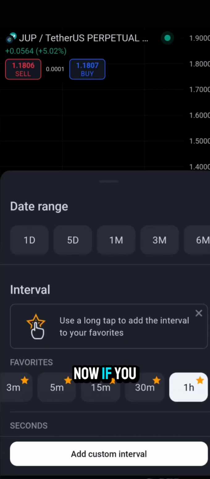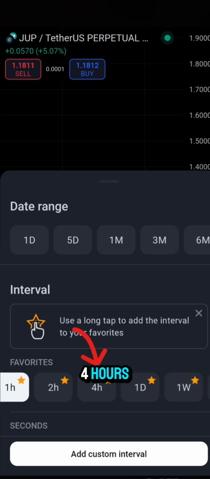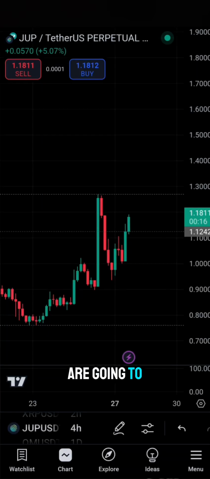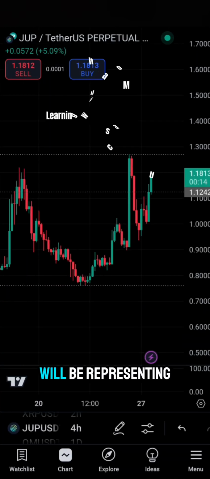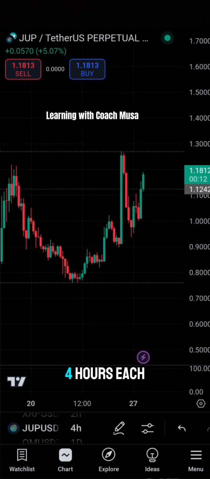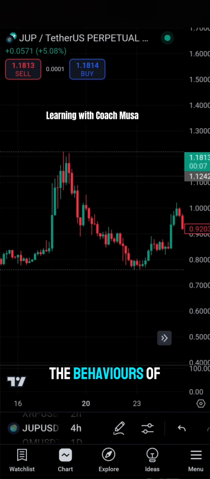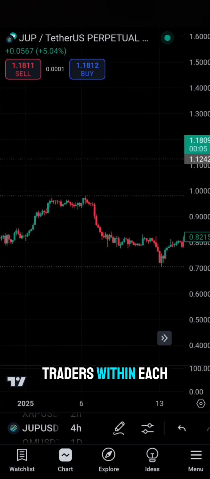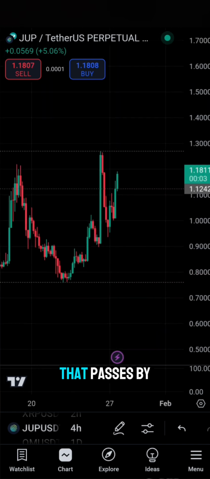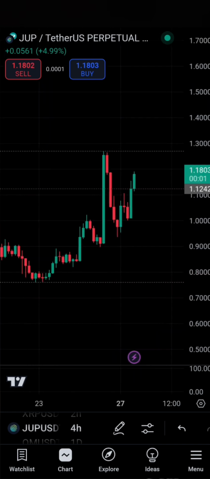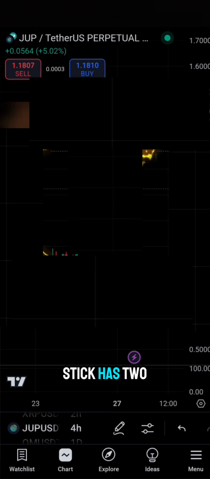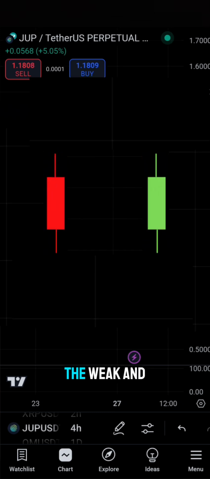Now, if you change it to 4 hours, all the candlesticks you're going to see displayed on the chart will be representing 4 hours each, meaning it will be showing the behaviors of traders within each 4 hours that passes by. Now, a candlestick has two parts, the wick and the body.